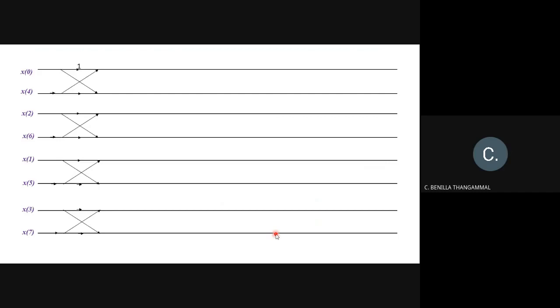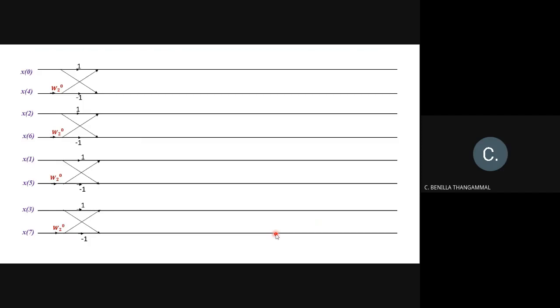So the upper part will be 1, and the lower part will have the phase factor of -1. That should be mentioned, and then next is the twiddle factor. The lower half of your periodicity will have the twiddle factor. Here the first one is going to be W suffix 2 power 0, where the twiddle factor W suffix 2 power 0 is going to be 1.